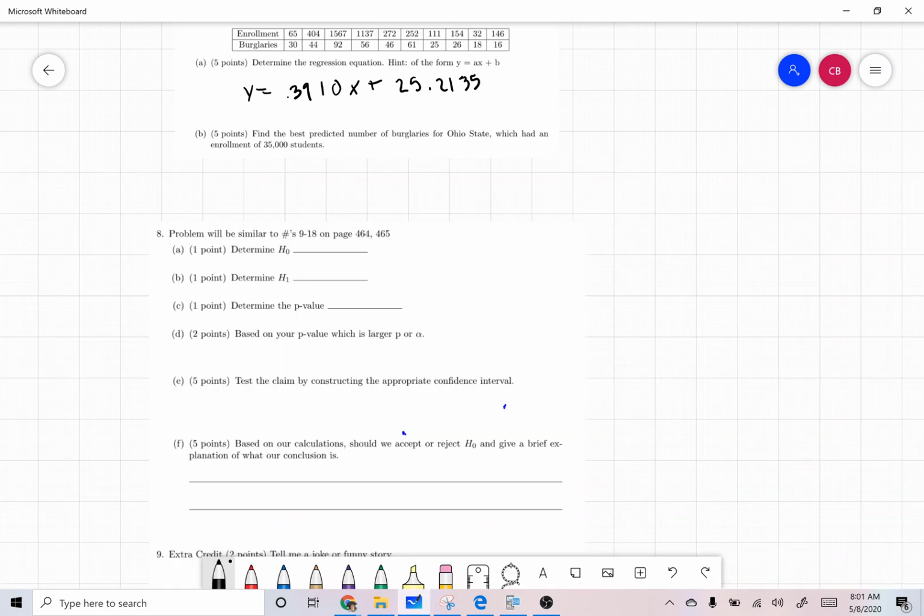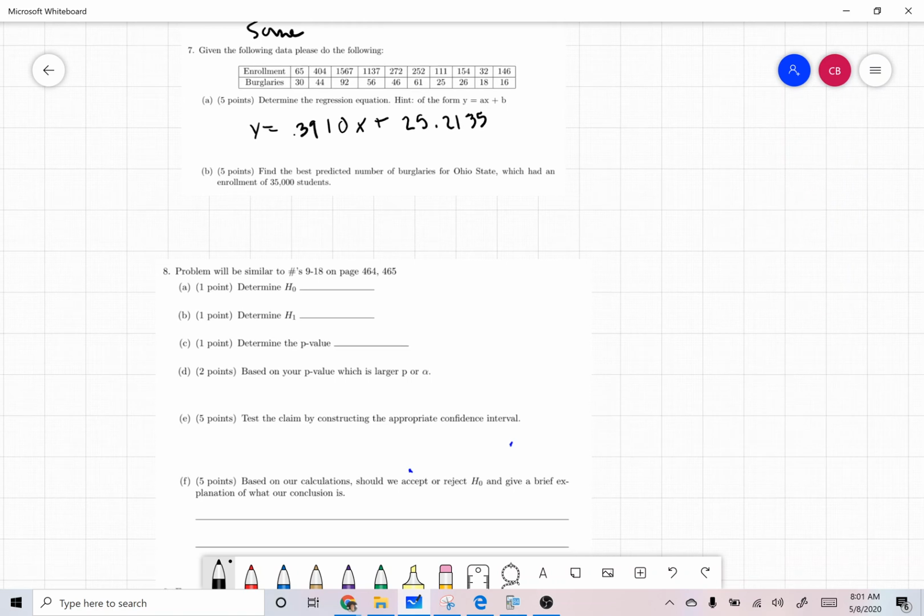Then it says find the best predicted number of burglaries for an Ohio State student body, which had 35,000 students. Remember, these numbers up here are thousands. So this is 32,000.